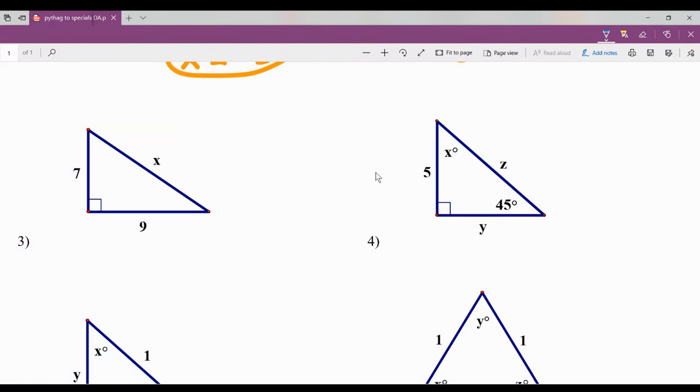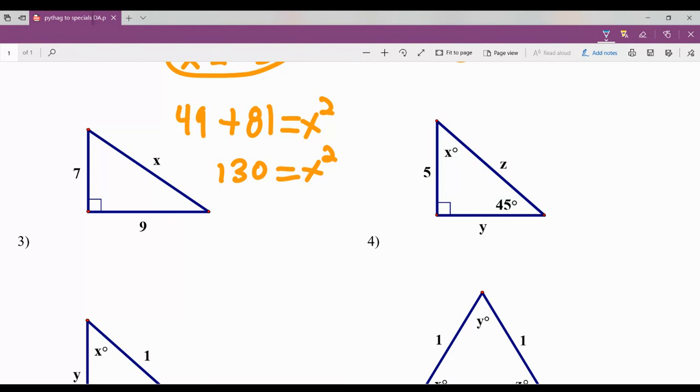Number 3 is a little bit different. Not in the setup, but because you would do 7 squared is 49, plus 9 squared is 81, equals x squared. 49 and 81 added together get you, let's see, 130 equals x squared.